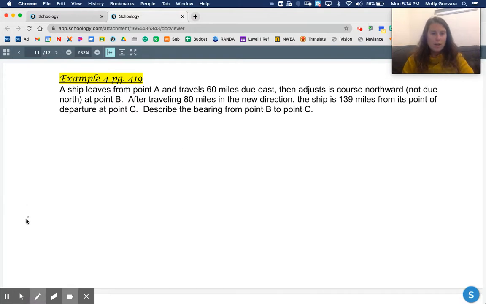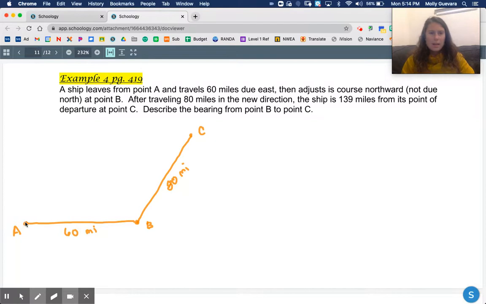Let's just draw it, okay? So we have a ship, and it leaves point A, and it goes 60 miles directly east to point B. Then it goes north, but not due north. So it goes northward, like that, to C. And it travels 80 miles in this new direction.